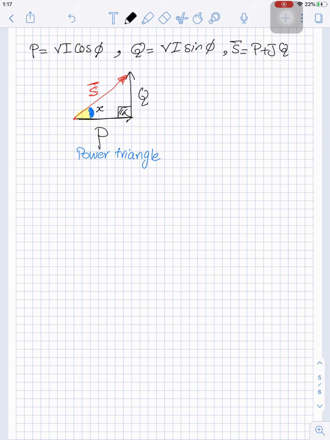You know that tan X equals Q over P. So tan X equals Q over P, where Q is VI sin phi and P is VI cos phi.